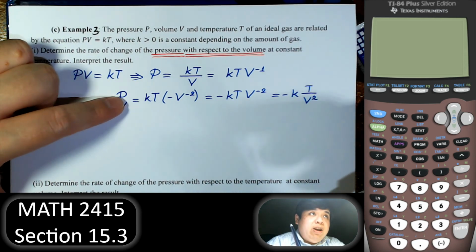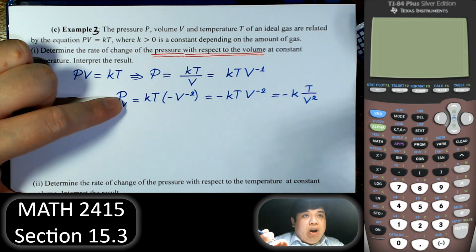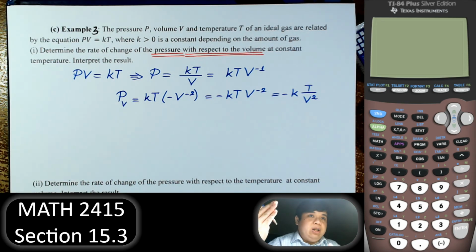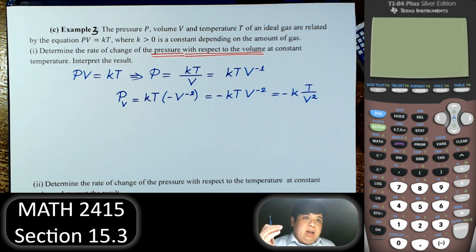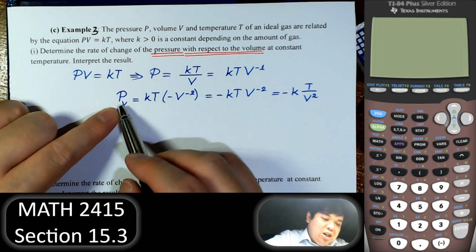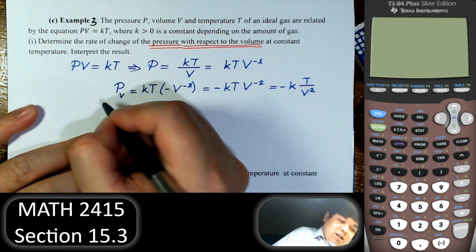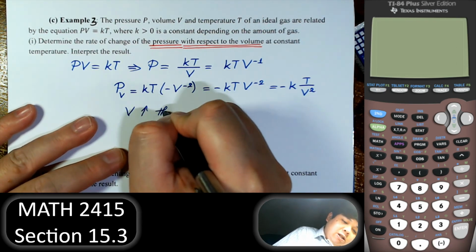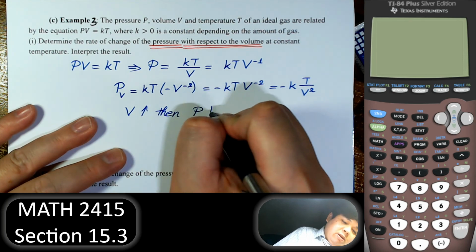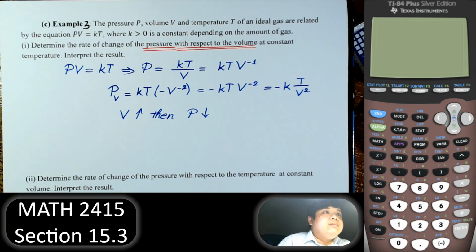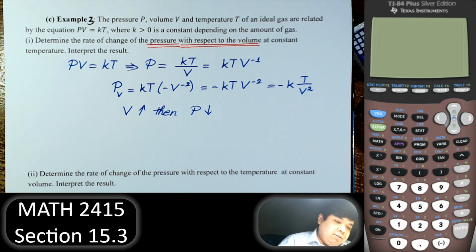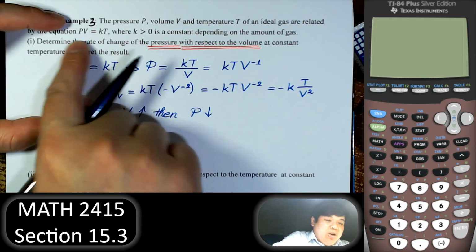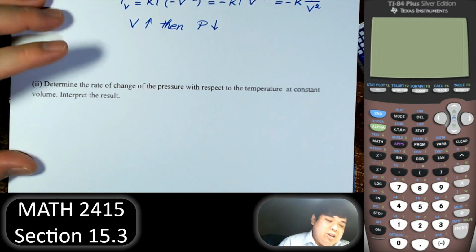Because the derivative is negative, when volume decreases, pressure will increase, and when volume increases, pressure will decrease. Of course, we don't even need to do that. Look at the equation, we can pretty much tell that.